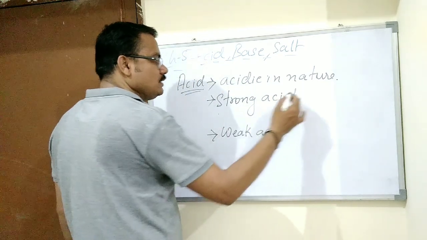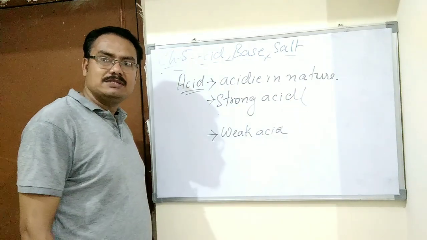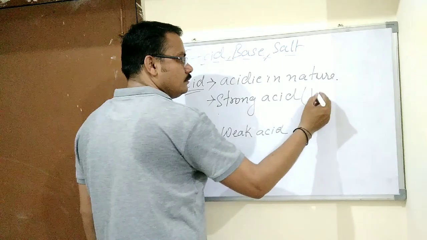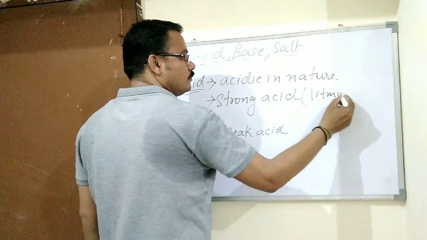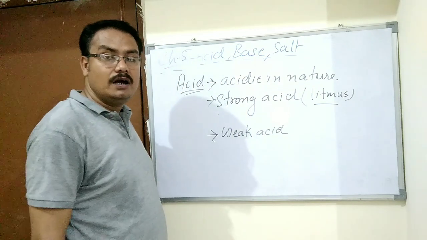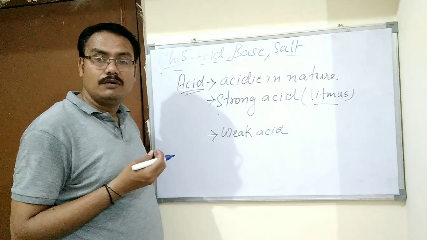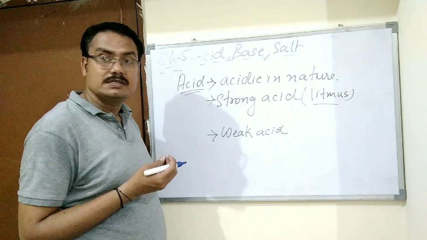The strong acid can be checked with the help of litmus paper. Because it is a strong acid, we can't check it with our tongue, because it will burn our tongue. It will be very dangerous.